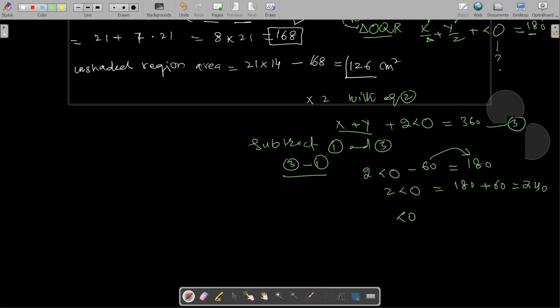Therefore, 2 times the measure of angle O equals 240. Dividing by 2, the measure of angle O is 120.